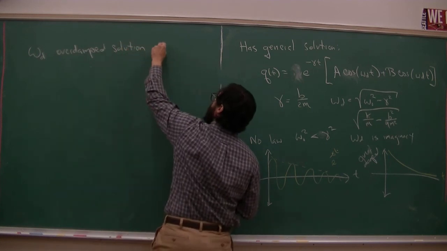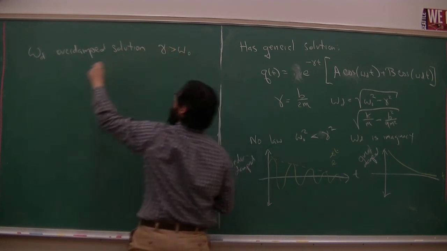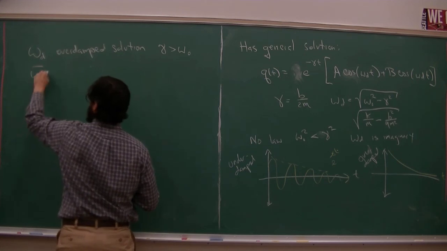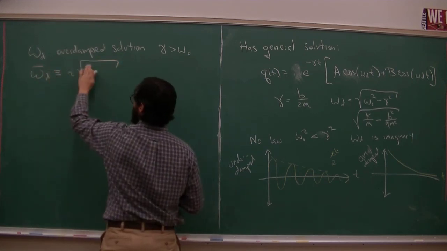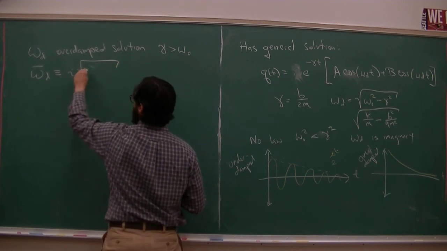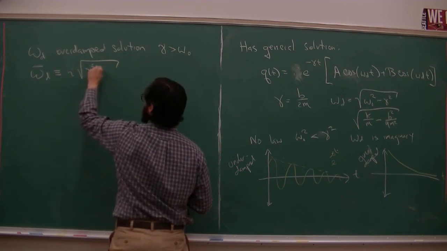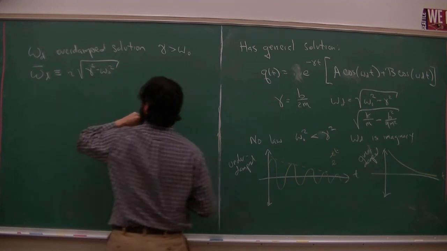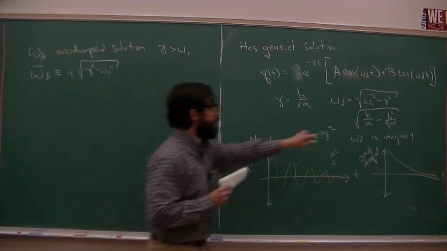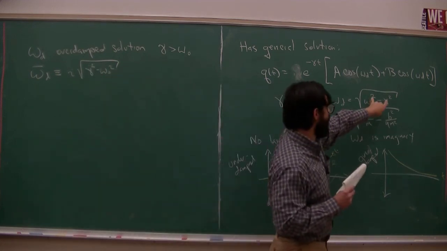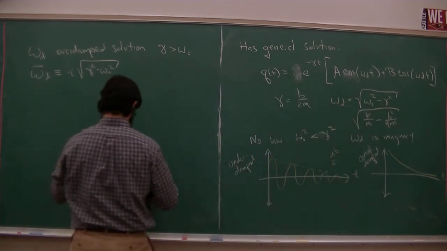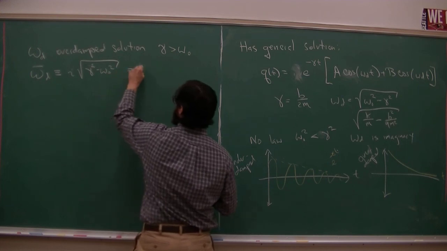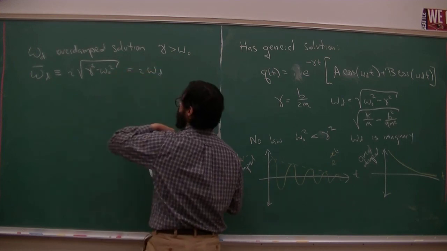where gamma is greater than omega naught, and then we'll define this as i times, just pulling out the -1 through the square root, the square root of gamma squared minus omega naught squared. Right. So it's pull out a -1, and so we do get a real thing in there. You can think about that as the complex part. Otherwise, calling this i times omega d.